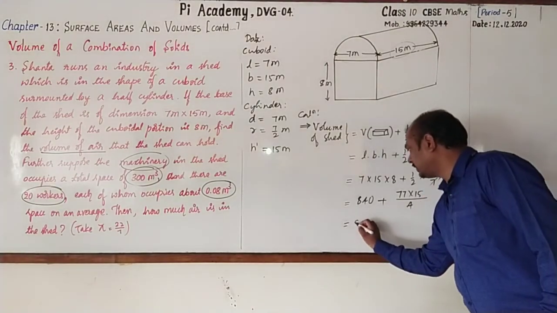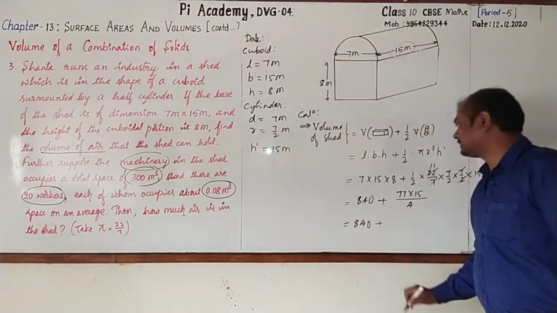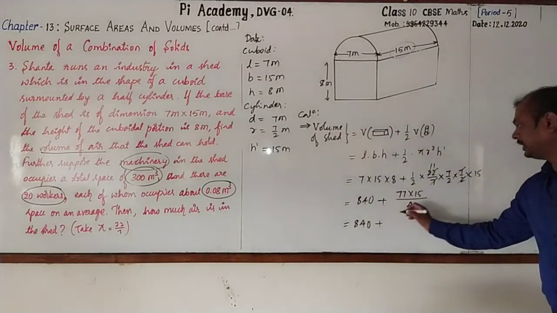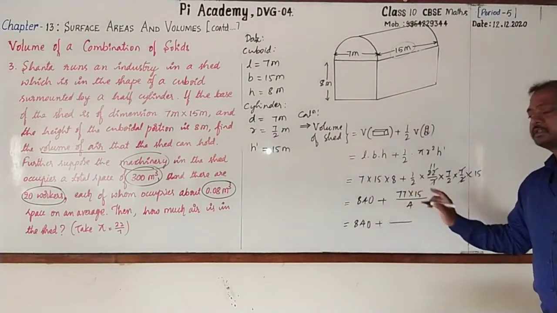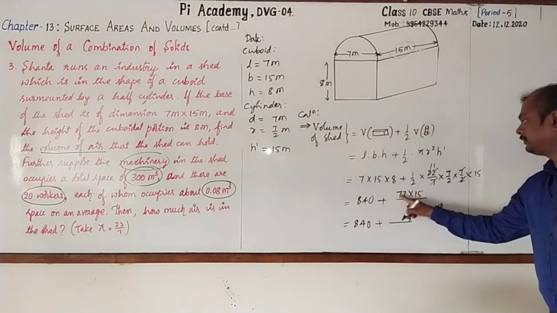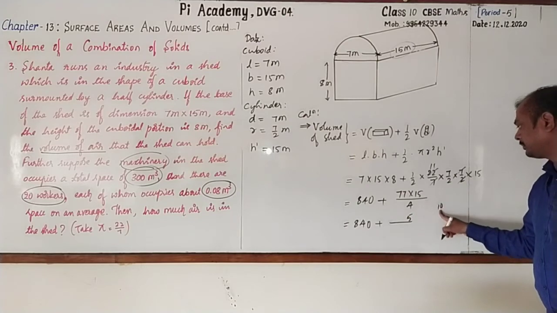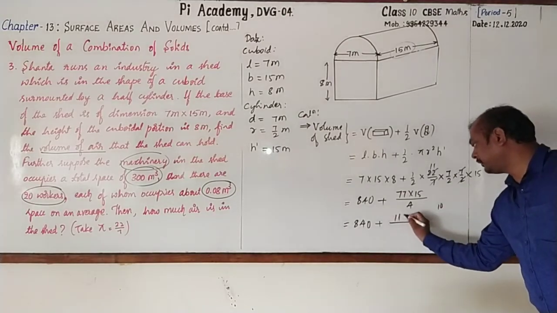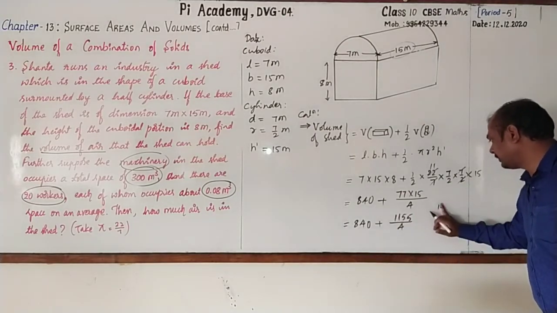This is equal to, let me write 840 as it is, plus, then multiply this. 15 sevens are 105, 10 is the carry, 15 sevens are 105, plus 10, 1155 by 4.